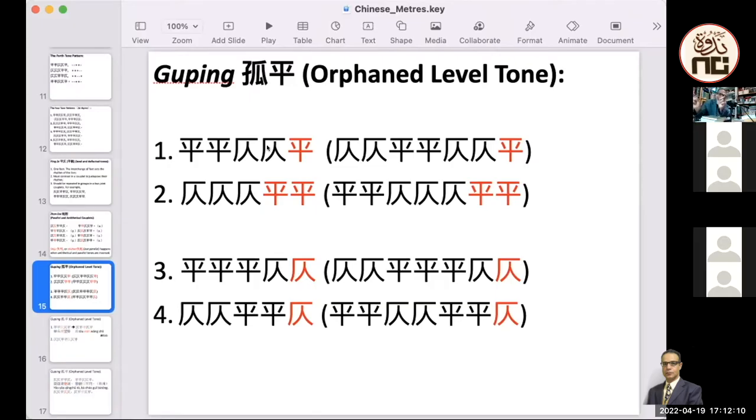That means this is an error, or this is a defection. It's a shortcoming. It's something Chinese poets in the past didn't like, and they called it Kuping. So they didn't want to have this ping isolated.